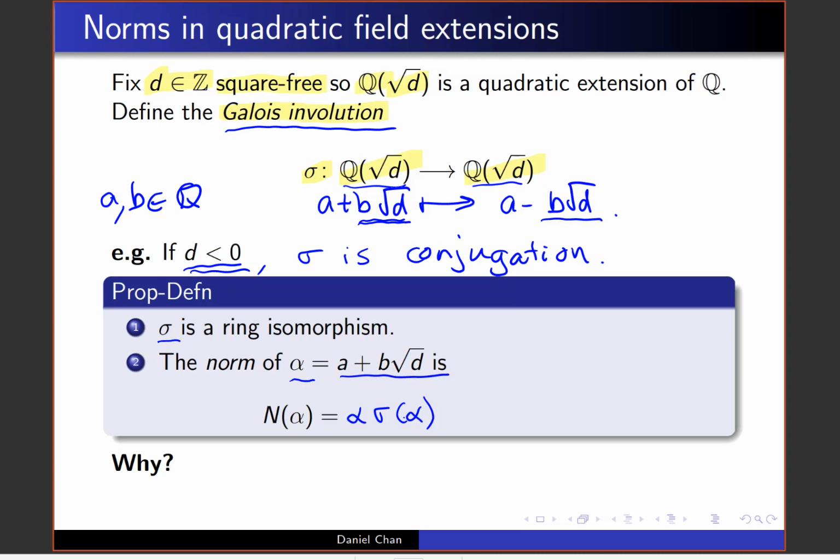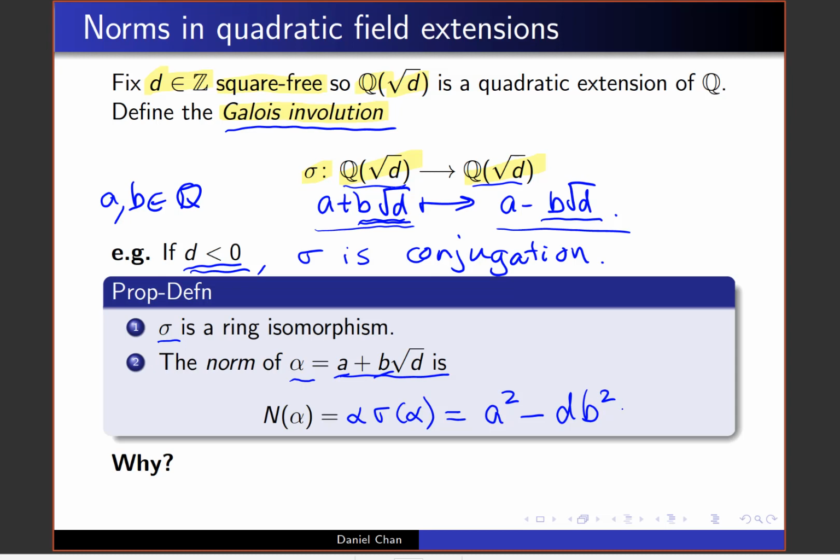What can you say about alpha times sigma of alpha? Well, you can write this out. Your alpha is a plus b root d, and you multiply it by sigma of alpha, which is a minus b root d. So you get the difference of squares. At the end of the day, you can write it out in terms of a and b as a squared minus d b squared.